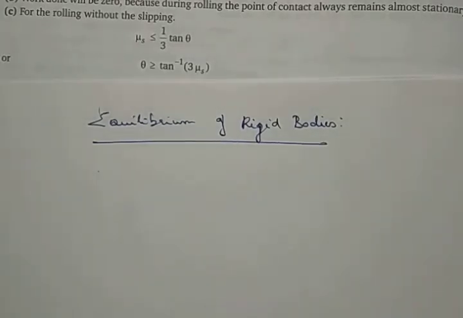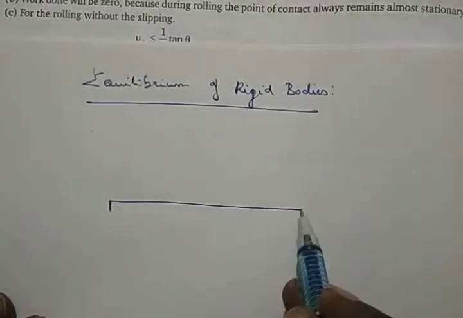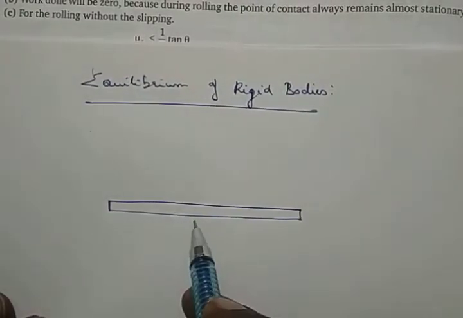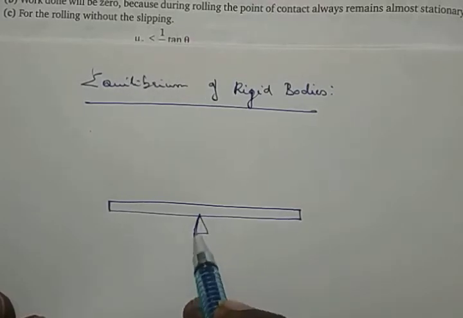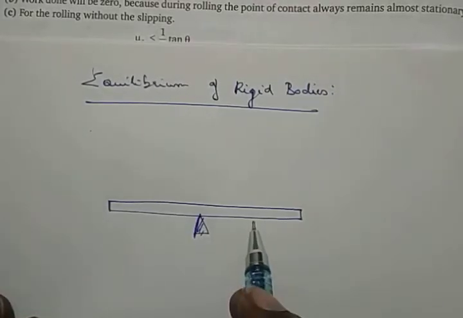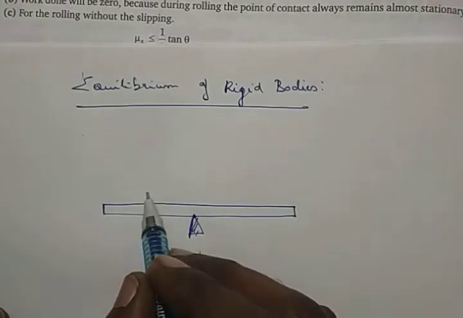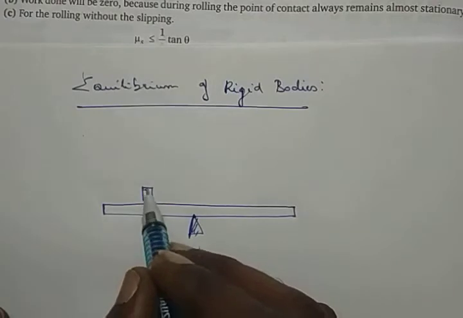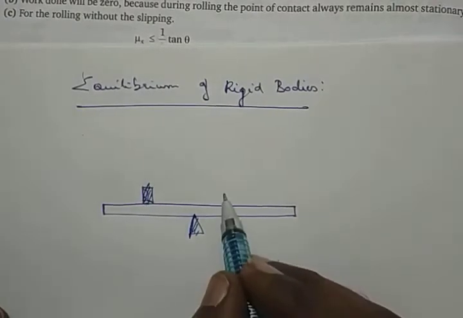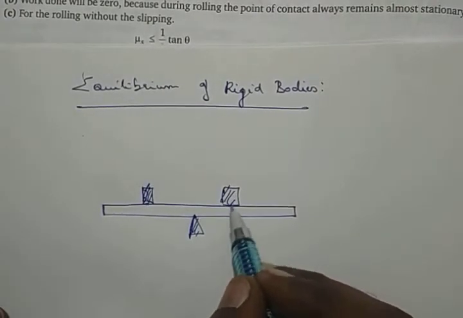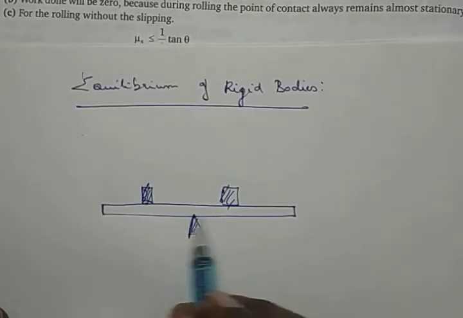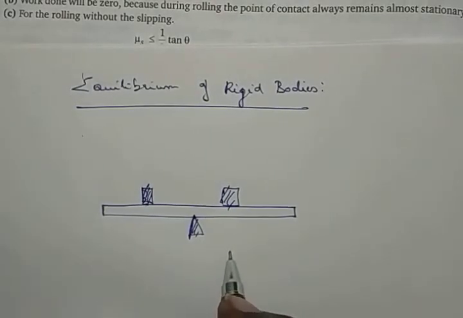So in the equilibrium of rigid bodies, suppose you have a scale like this and you have a wedge. You want things to be in equilibrium, so you try to adjust here and there and keep it like this. So it looks pretty okay. Maybe if you keep a big mass here, and another very big mass here, and try to see whether it is in equilibrium or not.